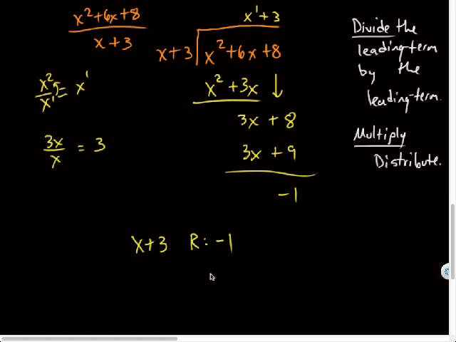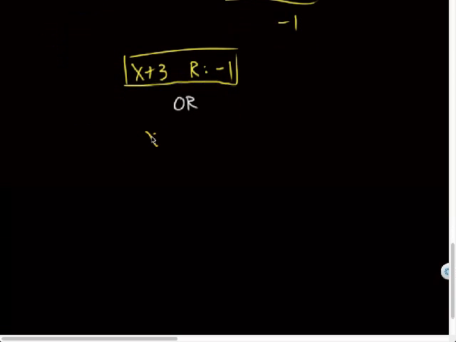So basically, once you plug in the x, you could minus 1 and be done, right? Almost. Or the other way you could write this is as x plus 3 and then plus the remainder over what went under here.